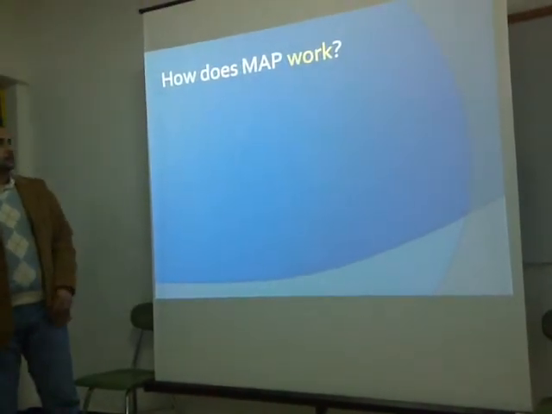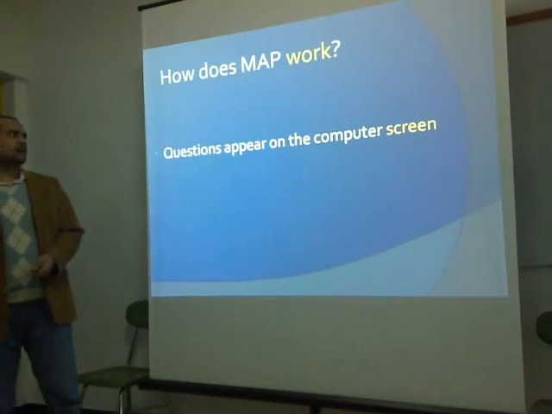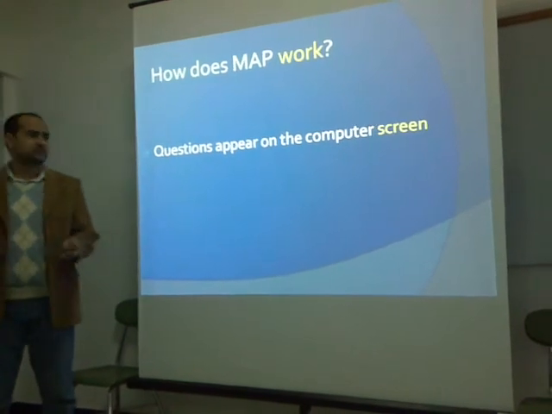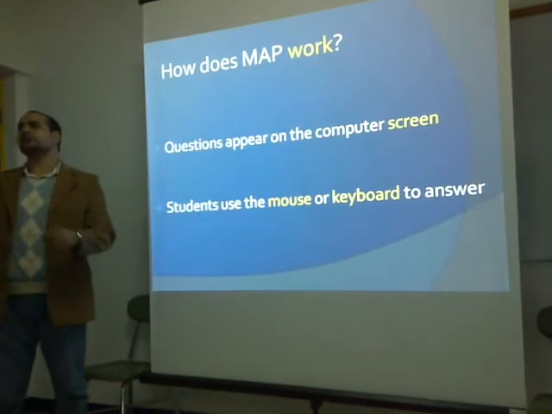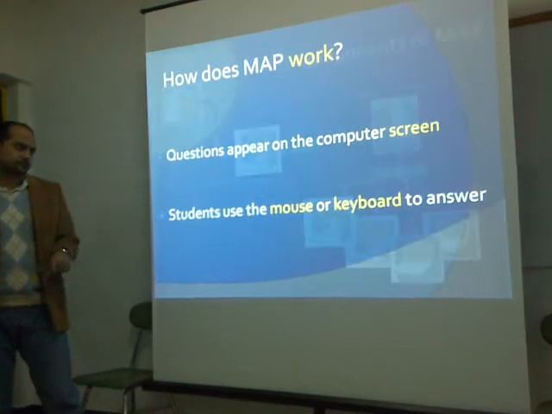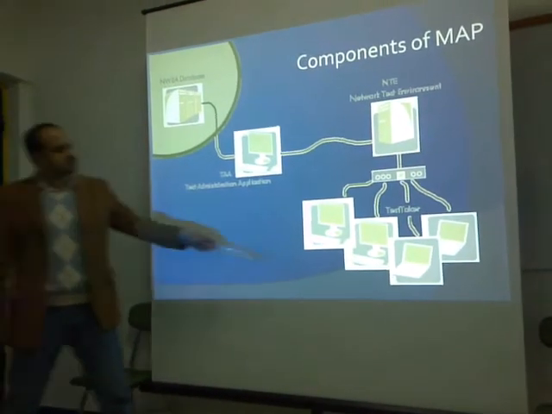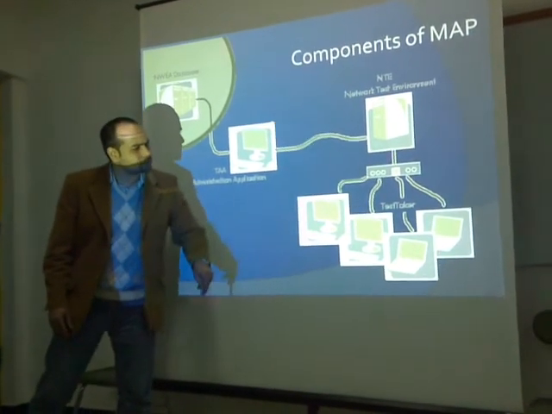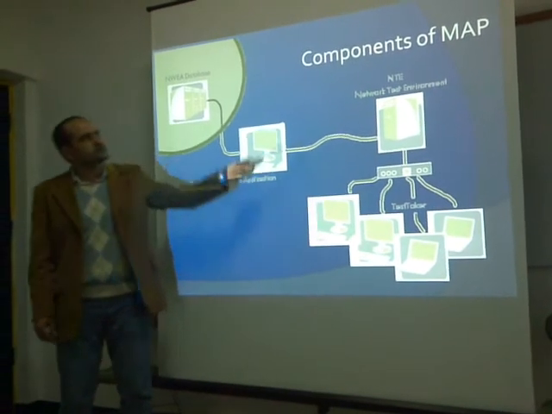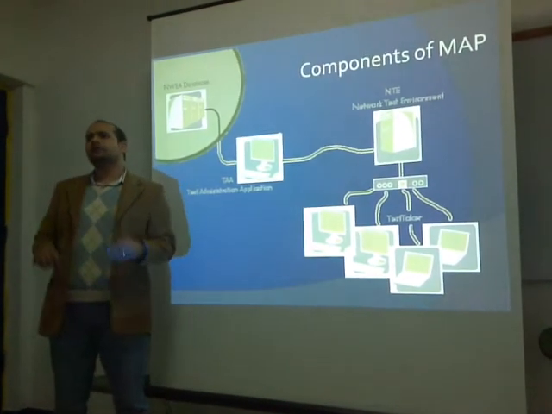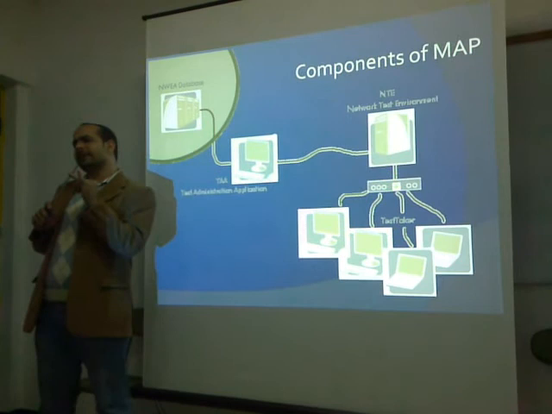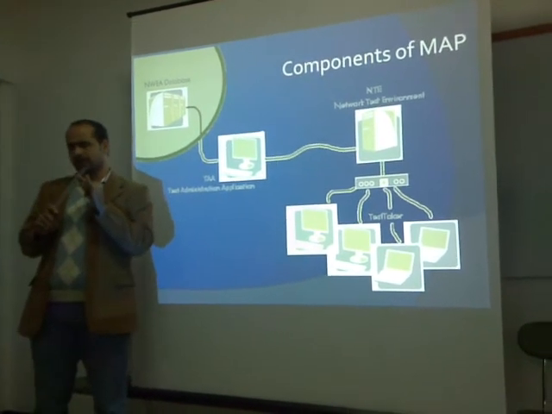How does it work? You have the questions on the computer screen, and you have your mouse or keyboard to insert the answer. Suppose that every student is on his PC or laptop, and he went to the website of MAP. He will be given a username and a password by the school, okay?